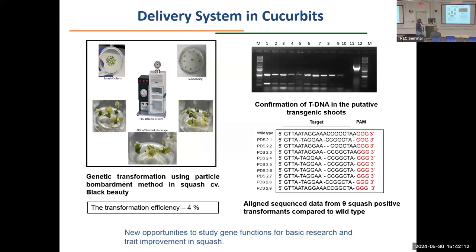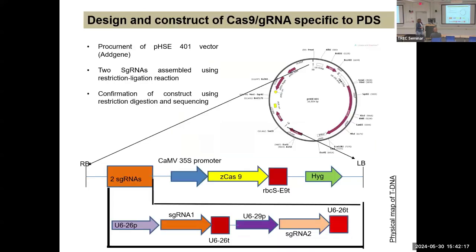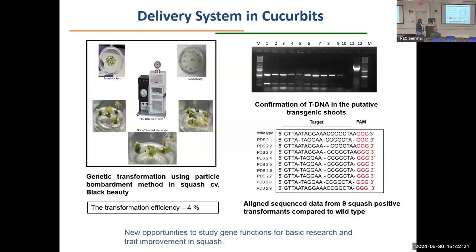And when the explant was ready, this construct was coated on gold particles and delivered with this ballistic machine to the explants. And then after several rounds of subculturing on shoot induction media, we see the albino or bleached phenotype.